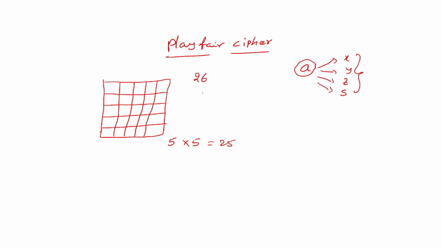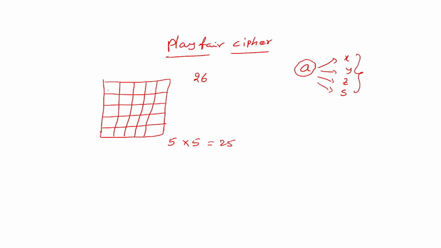So here we need to place two alphabets in a single cell. Any two alphabets we can place in a single cell, and we can follow any order, row wise or column wise, or top left diagonal wise, top right diagonal wise, any order. You can take the secret key in multiple ways.